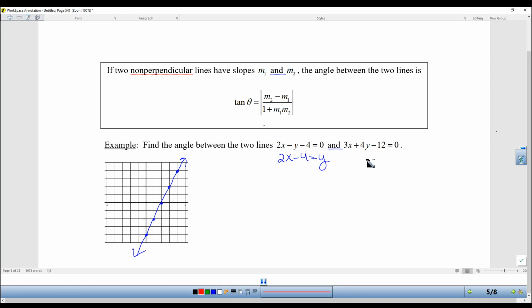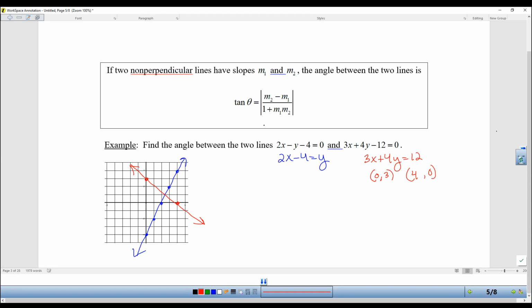And then my other line is going to be 3x plus 4y is equal to 12. You could get y all by itself on one side, or you could say if x is 0, y is 3, and if y is 0, x is 4, and just graph it that way. (0, 3), (4, 0), and this looks like that.